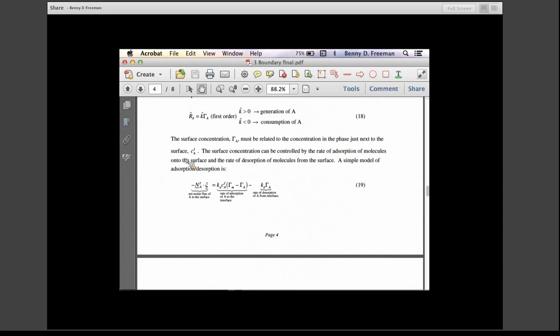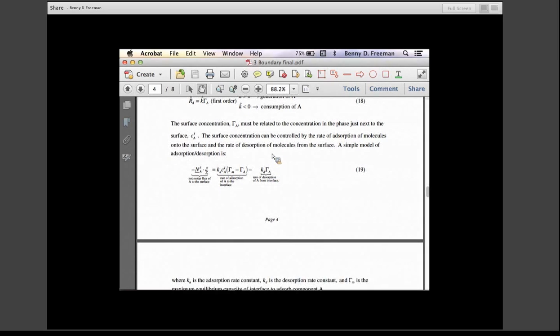And what we will assume, just to show you how these types of adsorption models can be developed, is that the surface concentration is controlled by the rate of adsorption and desorption at that surface. And so a simple model of that says that the net molar flux of A to the surface is equal to the difference between the rate of adsorption at the interface minus the rate of desorption.